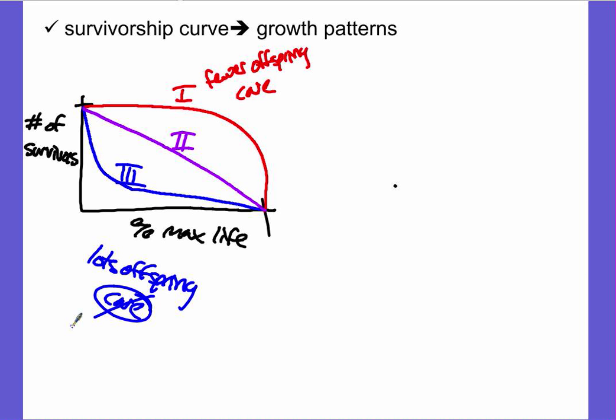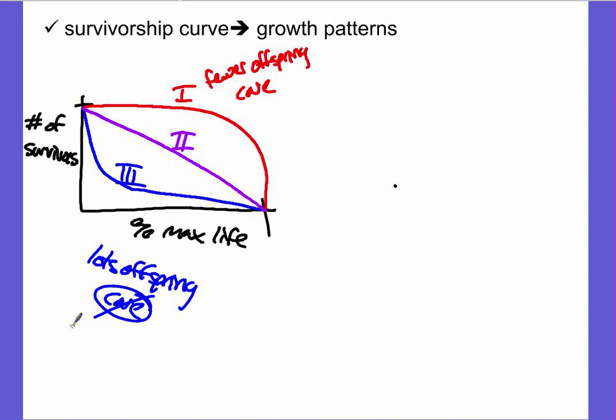So in one case, there's not very many offspring, but they're going to care for those offspring, and the other, they have lots of offspring knowing that not very many of them are going to survive, and they don't waste time caring for them either because they know that they're not likely to survive. And then you have those that are in the middle, right? Type 2.